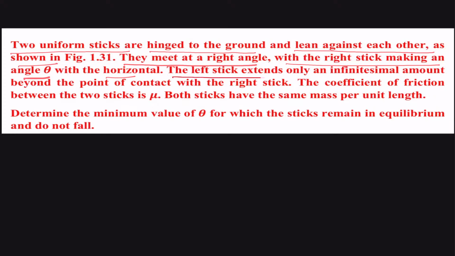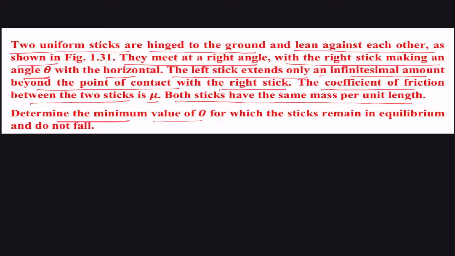The left stick extends only an infinitesimal amount beyond the point of contact with the right stick. The coefficient of friction between the two sticks is mu. Both sticks have the same mass per unit length. Determine the minimum value of theta for which the sticks remain in equilibrium and do not fall.